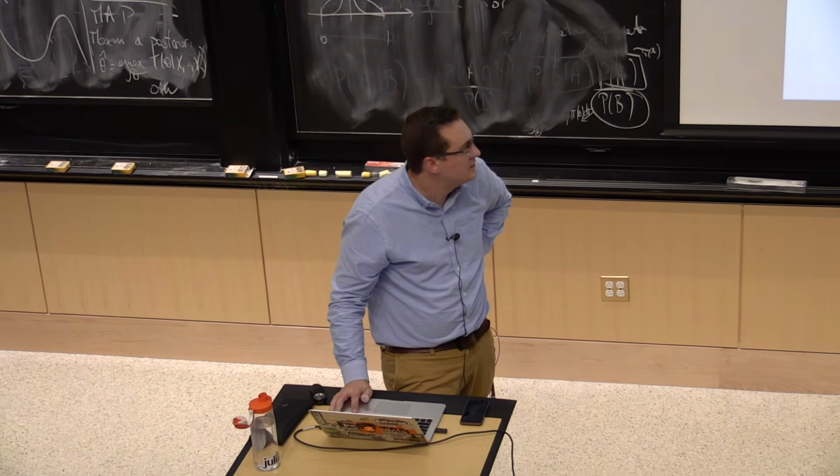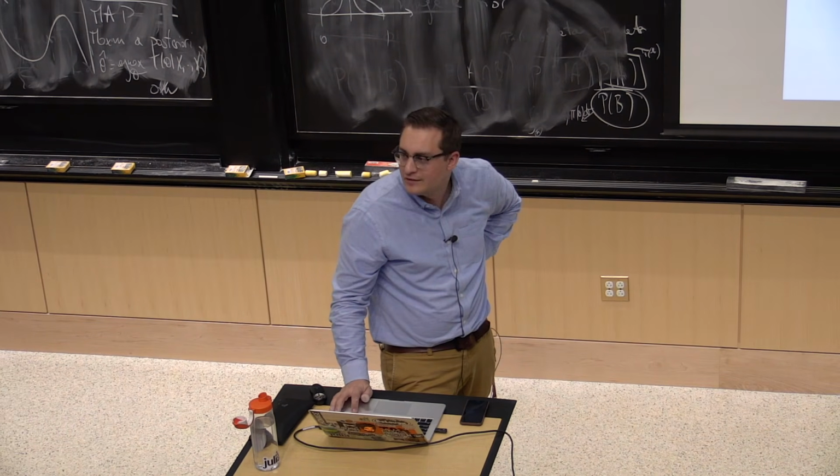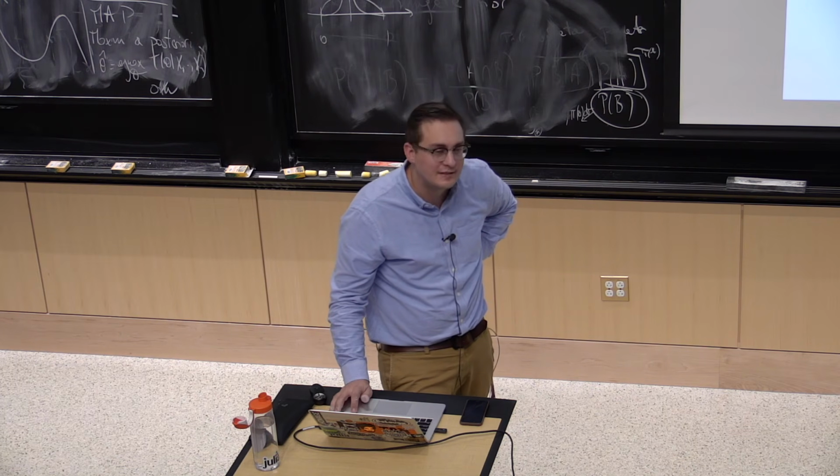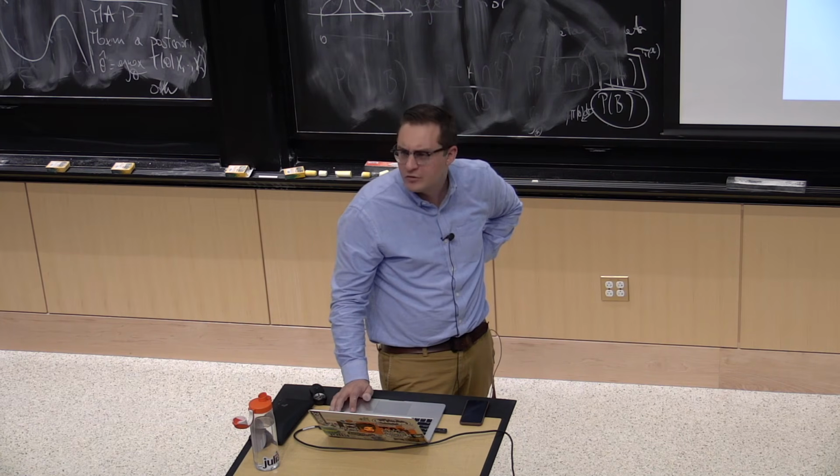Well, OK, in some instances, you have to compute the integral. In some instances, you don't have to compute the integral. And a lot of Bayesian computation is about saying, OK, it's actually really hard to compute this integral, so I'd rather not do it. So let me try to find some methods that allow me to sample from the posterior distribution without having to compute this. And that's what's called Markov chain Monte Carlo, or MCMC. And that's exactly what they're doing.